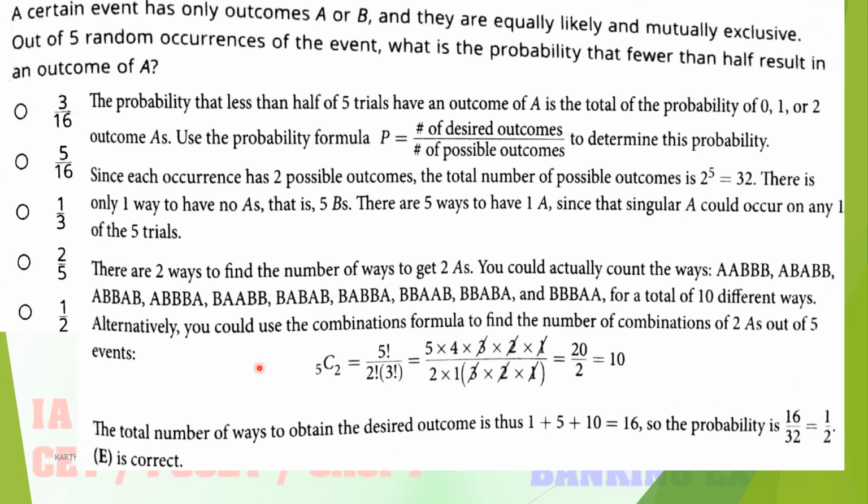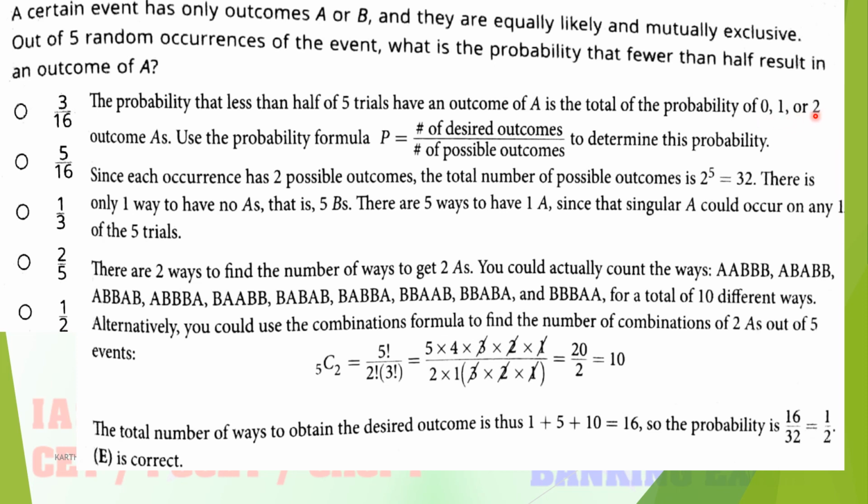Next we decide if A is equal to 0. The probability that less than half of 5 trials have an outcome of A is the total probability of 0, 1 and 2. So either A is 0, 1, or 2.